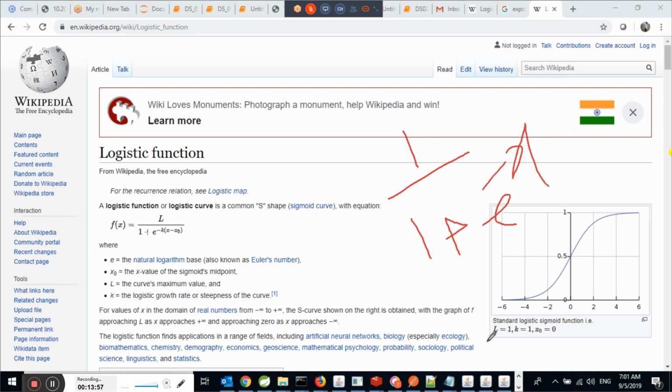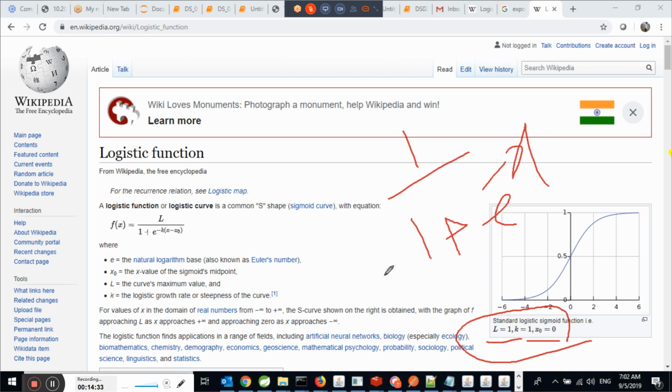After putting L equals 1, k equals 1, and x naught equals 0, the formula will become 1 by 1 plus e power minus x.